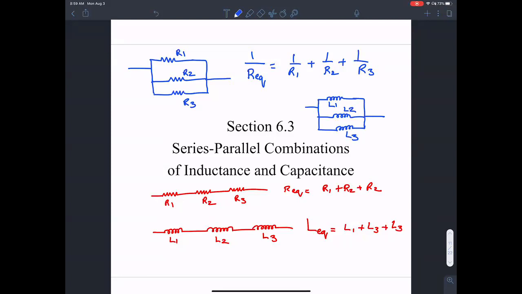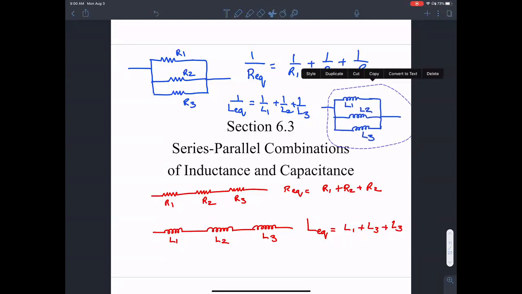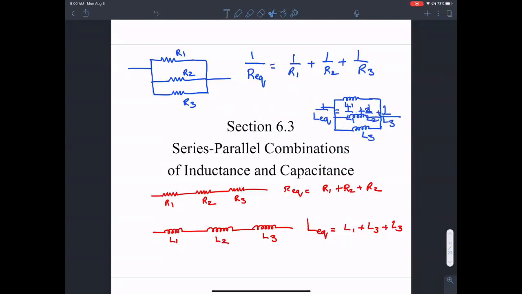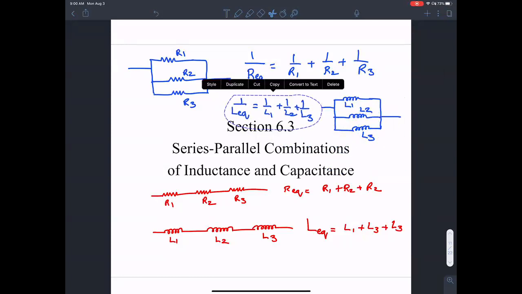L equivalent: 1 over L equivalent is 1 over L1 plus 1 over L2 plus 1 over L3. That's the idea of inductances in parallel. They behave exactly like resistances in parallel.